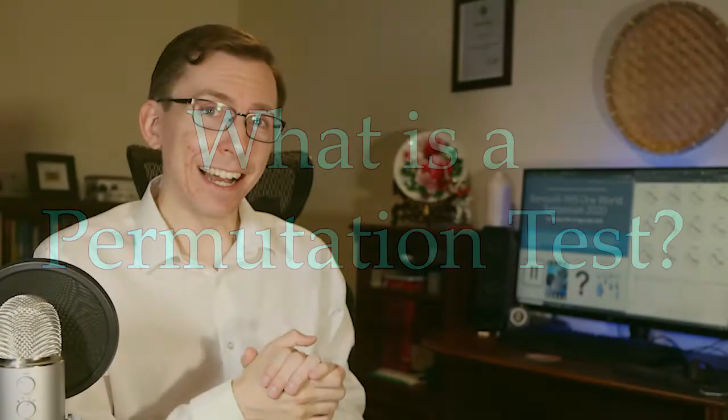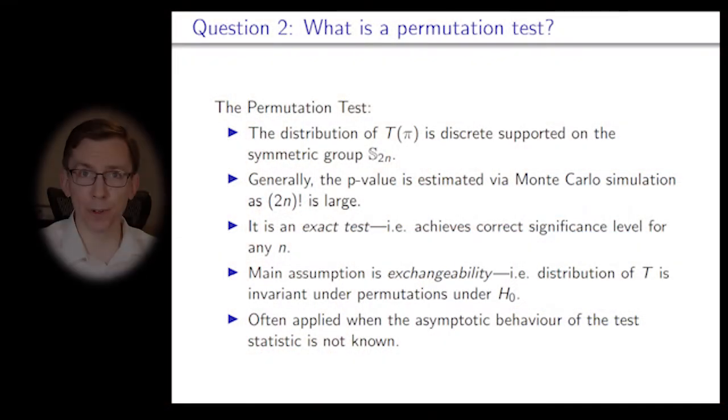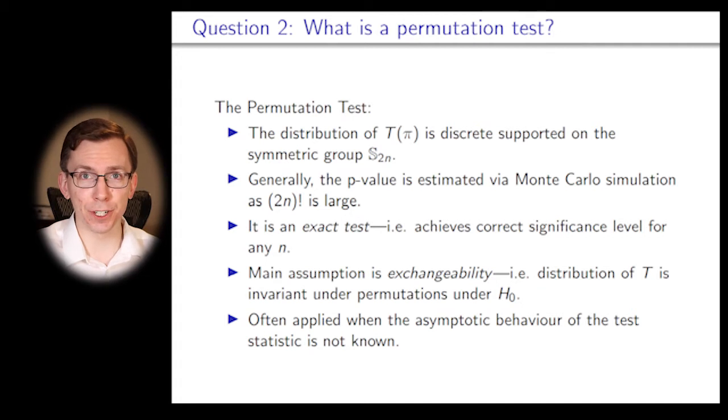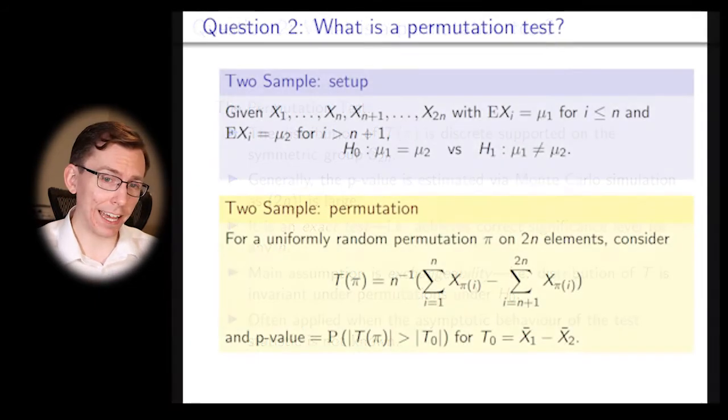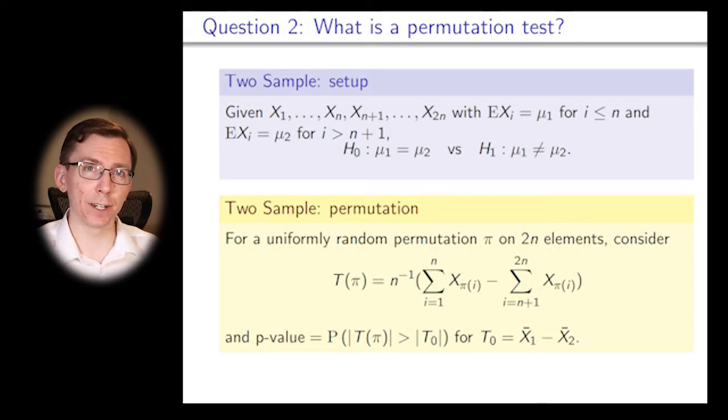That leads to the question, what is a permutation test? The permutation test is a type of exact non-parametric test. I no longer have to assume normality or any other distribution. In this case, all I have to do is assume that under the null hypothesis my test statistic is invariant to any permutation. And what I'm doing now is I'm no longer computing a p-value based on the distribution of the data.